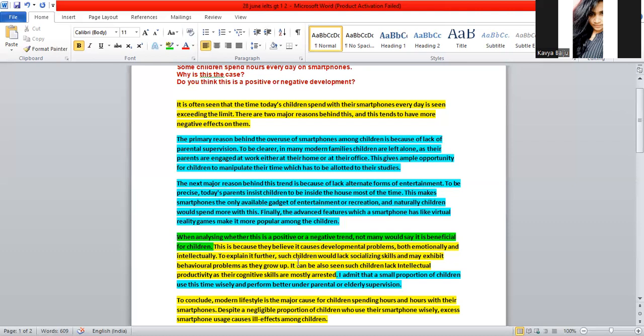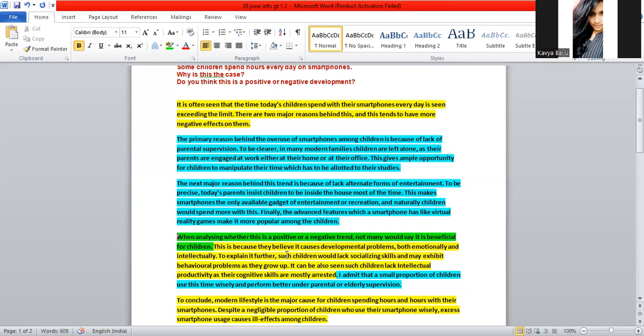I admit that a small proportion of children use this time wisely and perform better under parental or elderly supervision. Now there are some children who use more time with smartphones to do some productive work, under parental or elderly supervision.